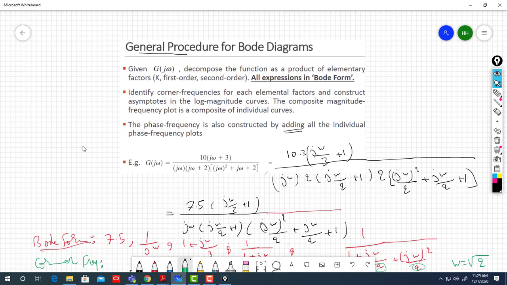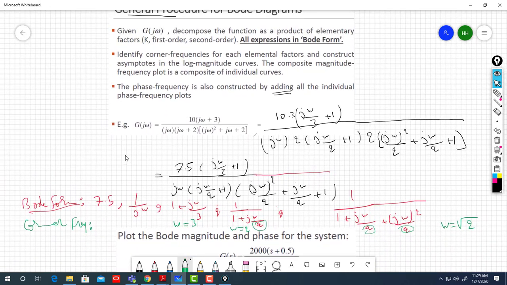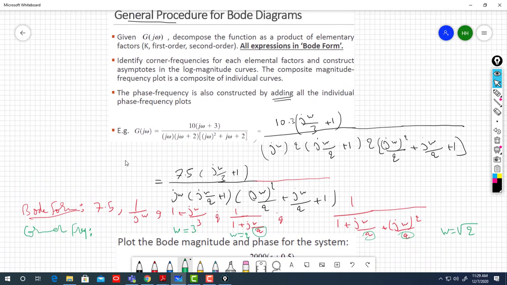Basically, this is very important, because that's how you draw the complex Bode diagram. Here they are telling you the general procedure. First, you need to write your transfer function in the general form.